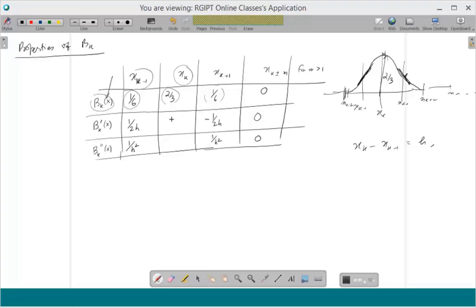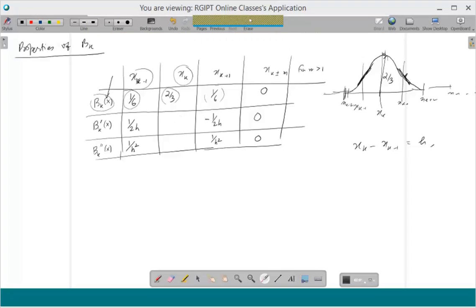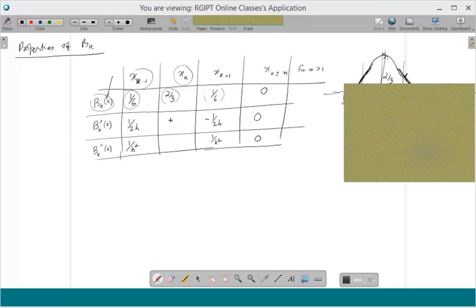Can anyone tell me what I should write here? Looking at this curve, Bk prime at xk would be how much? Can anyone tell me quickly? 0, absolutely right. I wanted to check whether you're paying attention. And this will be negative, given by minus 2 by h square.